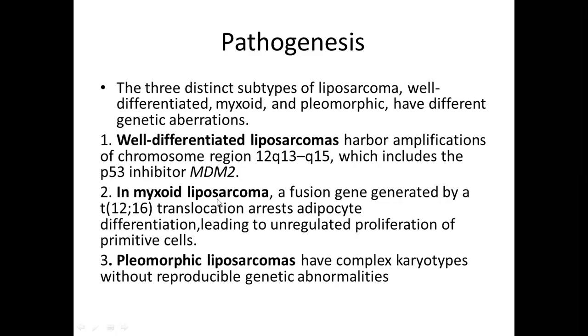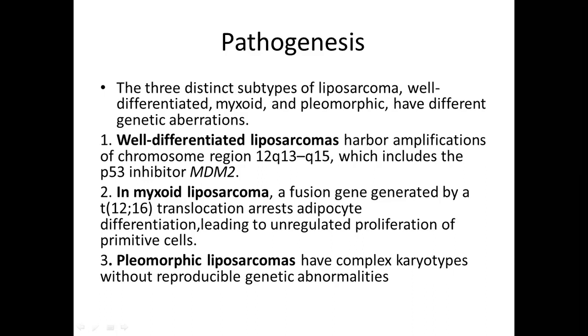In mixed liposarcoma, a fusion gene generated by the t(12;16) translocation arrests adipocyte differentiation, leading to unregulated proliferation of primitive cells. And pleomorphic liposarcoma has a complex karyotype without reproducible genetic abnormalities.